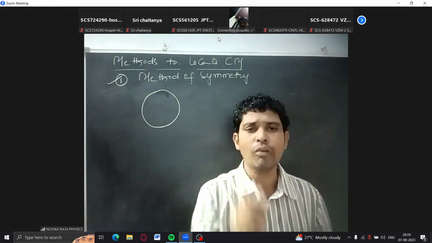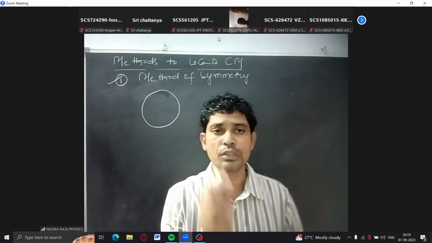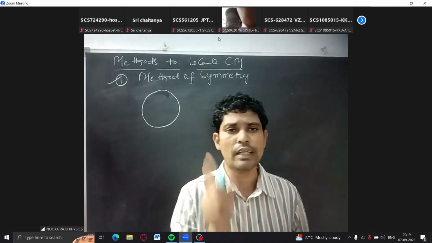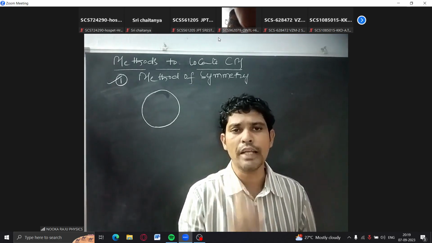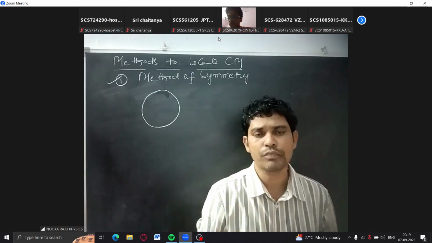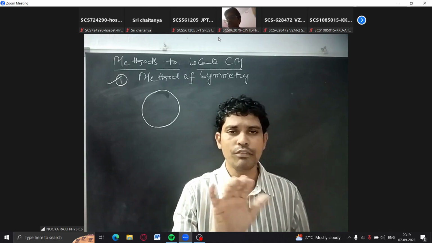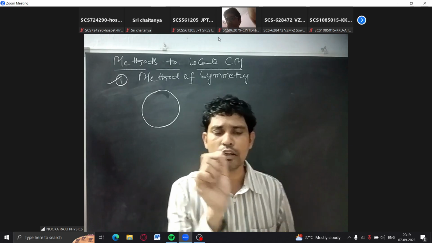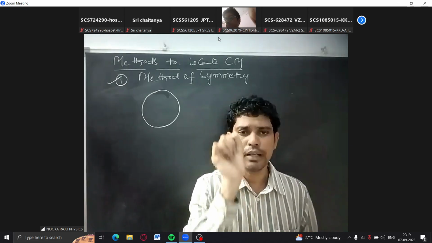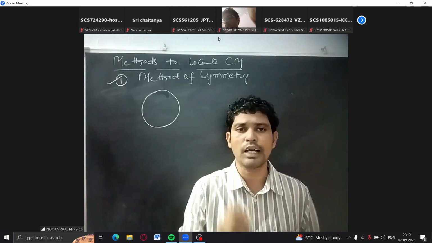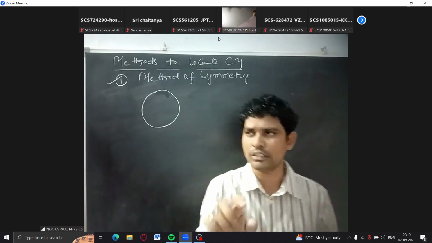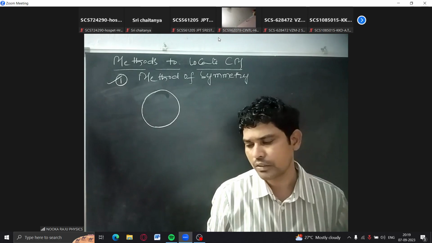For uniformly distributed massive bodies, the center of mass is exactly located at the geometric center of the given body. That is the first point. If it is a non-uniformly massive body, the center of mass is not exactly located at the center of the given body. These are very important points.